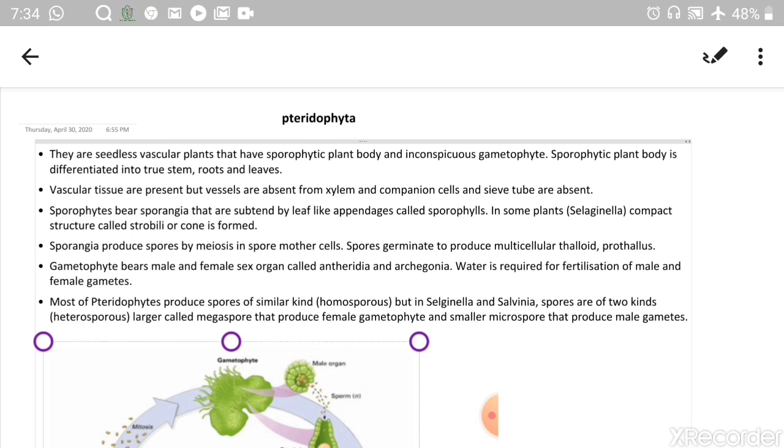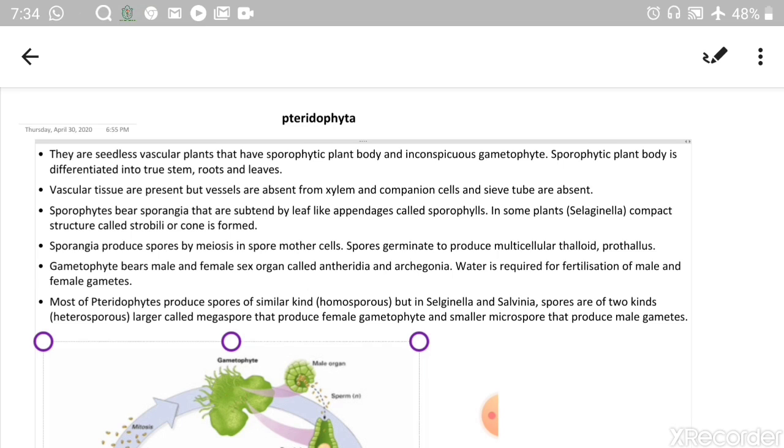As I told, these pteridophytes require water for fertilization, and due to these specific restricted requirements of habitat and water, these pteridophytes are spread in very restricted areas to very few geographical regions.